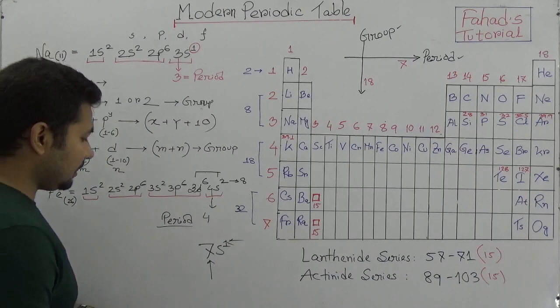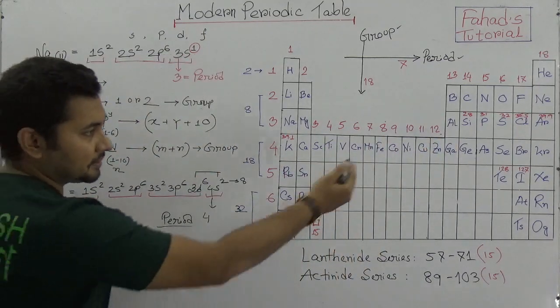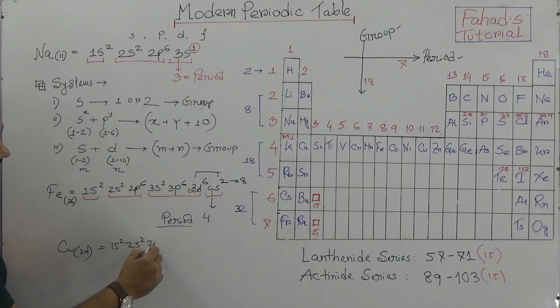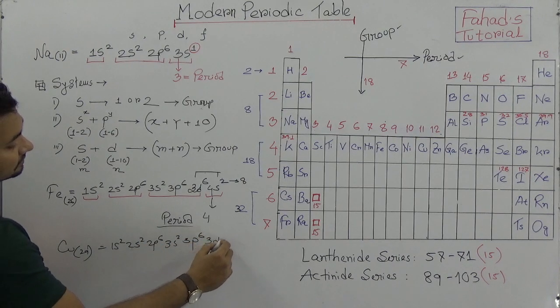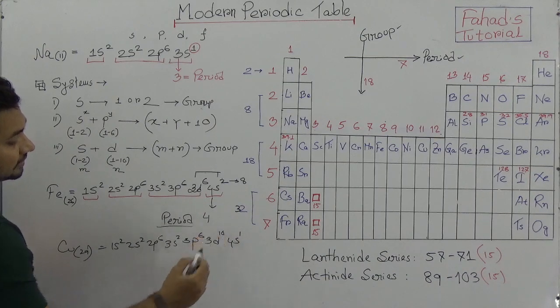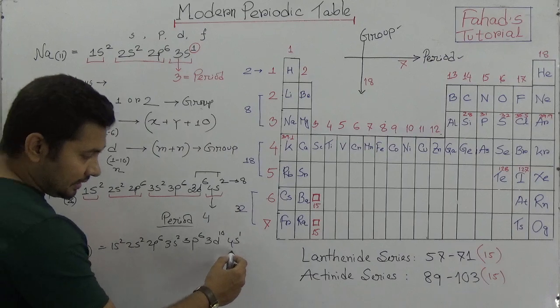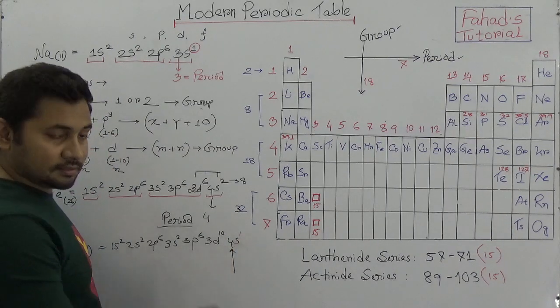And if you go deeper here also, like in copper. So if you go copper 29, it will be like 1s2, 2s2, 2p6, 3s2, 3p6, 4s1, 3d10. This is the electron configuration of copper, you know already. So you have seen there is a 4th shell, where the electron count is 1.